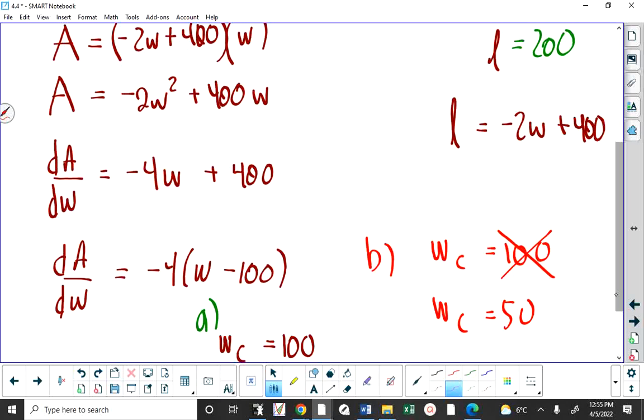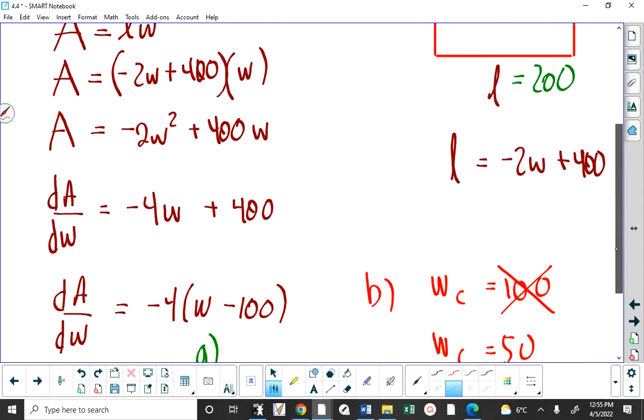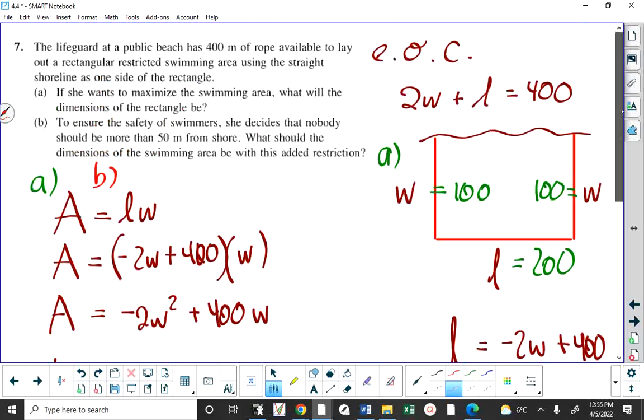I said of X, but it's of W. And that must mean that in order to maximize the area, if the condition is W has to be, I want to be very clear here. When you really unpack this, this is saying W has to be less than or equal to 50. By saying it can't be more than 50, you're saying it can be equal to 50 or less than 50.